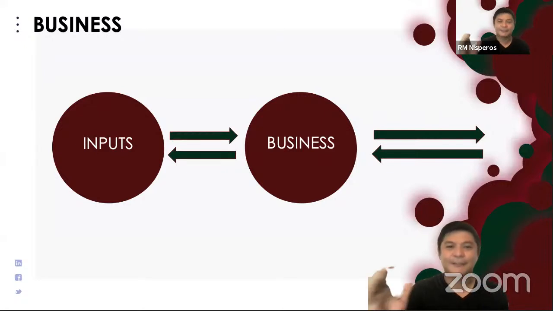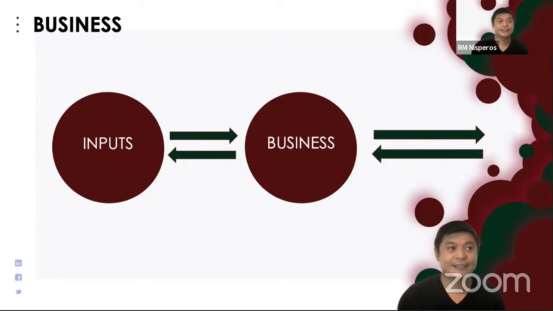So first, let's define business in a super layman definition. There's a lot of definitions of business in numerous books, but in our case, let's define this in a super simple analogy.